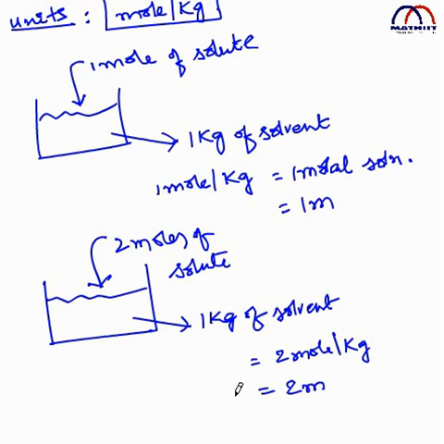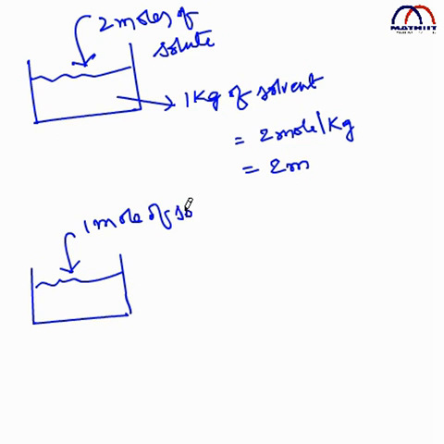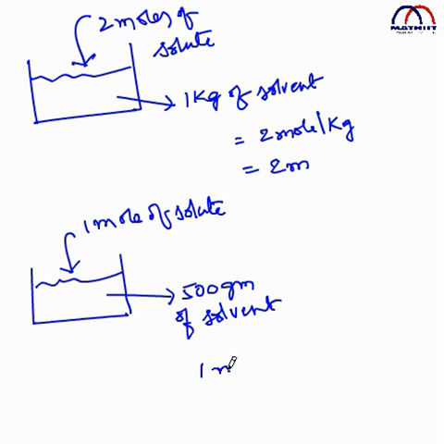Now let us change the amount of solvent. Whatever the volume may be, we always calculate the molality per 1 kilogram of solvent only. Suppose I take 1 mole of solute dissolved in only 500 grams of solvent. So 1 mole is present in 500 grams of solvent.